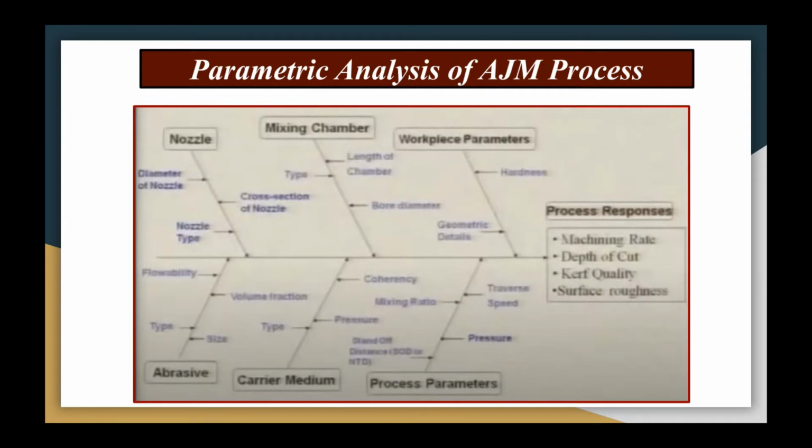Then we have another parameter, that is the pressure with which the jet is coming out, and this pressure will decide the velocity of the jet. That means it will decide the kinetic energy, that is one half m v square.